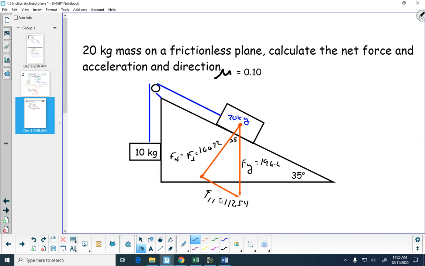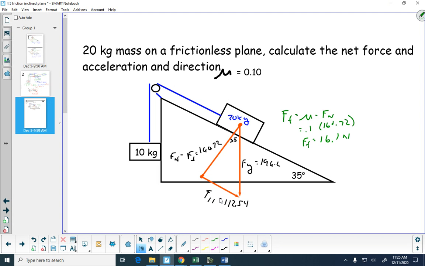We can still deal with our force of friction, still going to be the same amount. So we have 0.1 times 160.72. So our force of friction is 16.1 newtons.